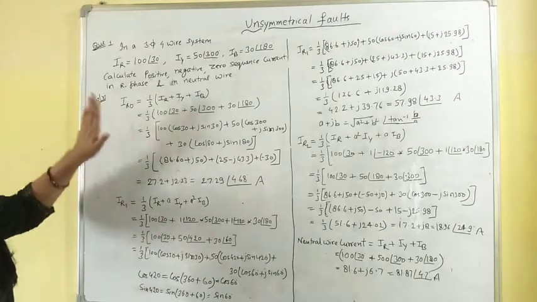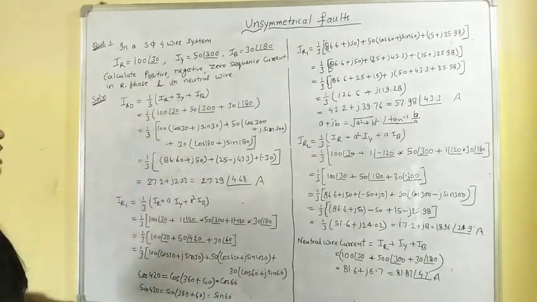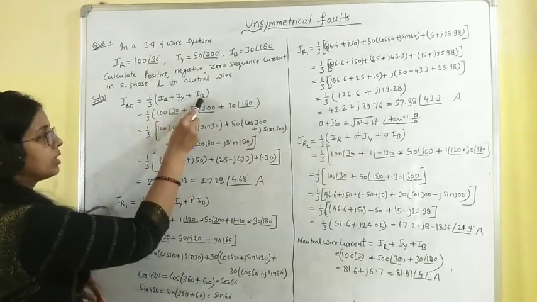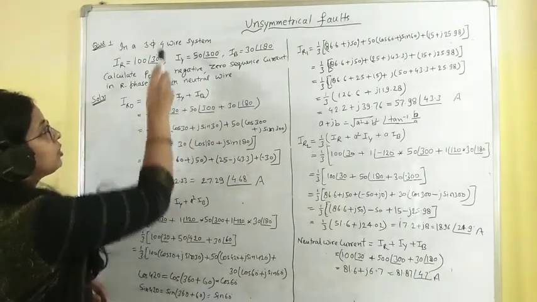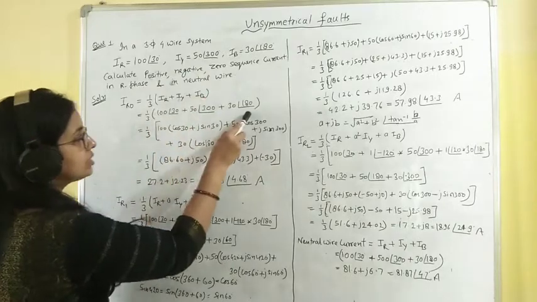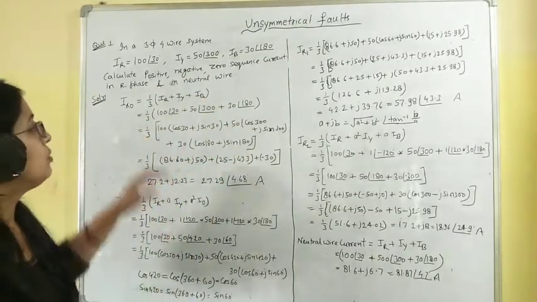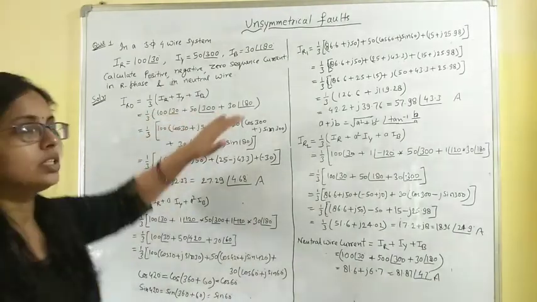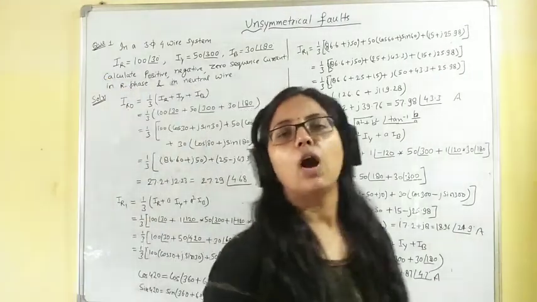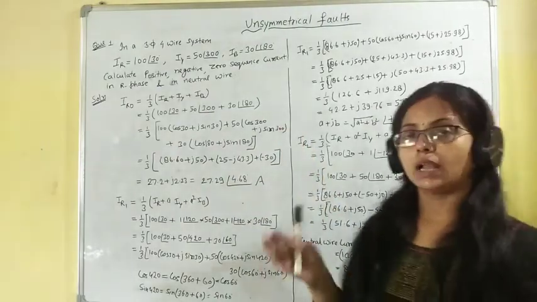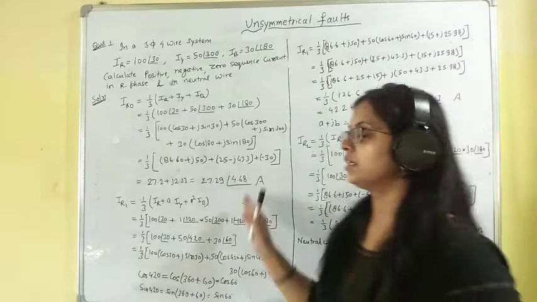So for the R phase, we know that the formula is 1/3 of (IR + IY + IB). By putting in all these values we get this, and now it is in polar form. If you know how to convert polar form to rectangular form with the help of a calculator, you can solve it easily.